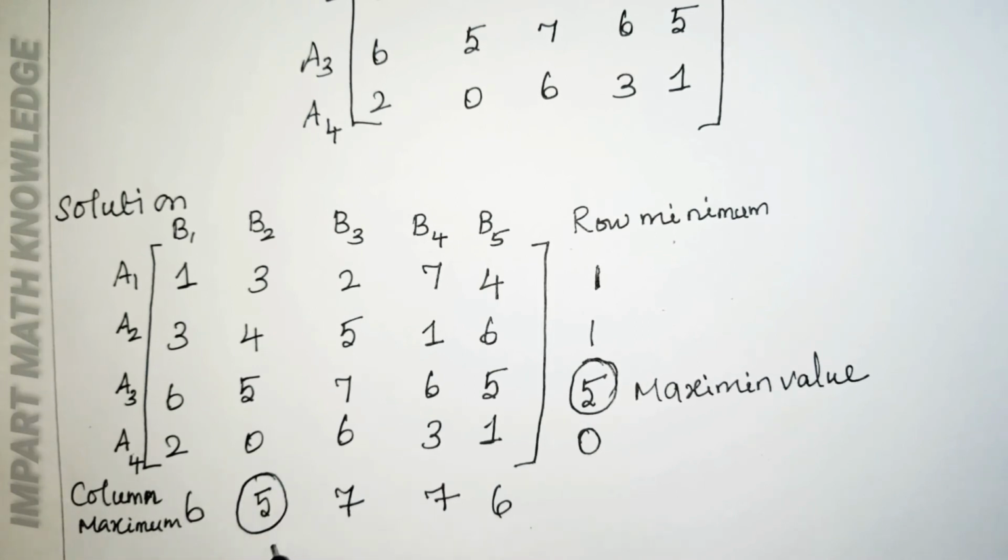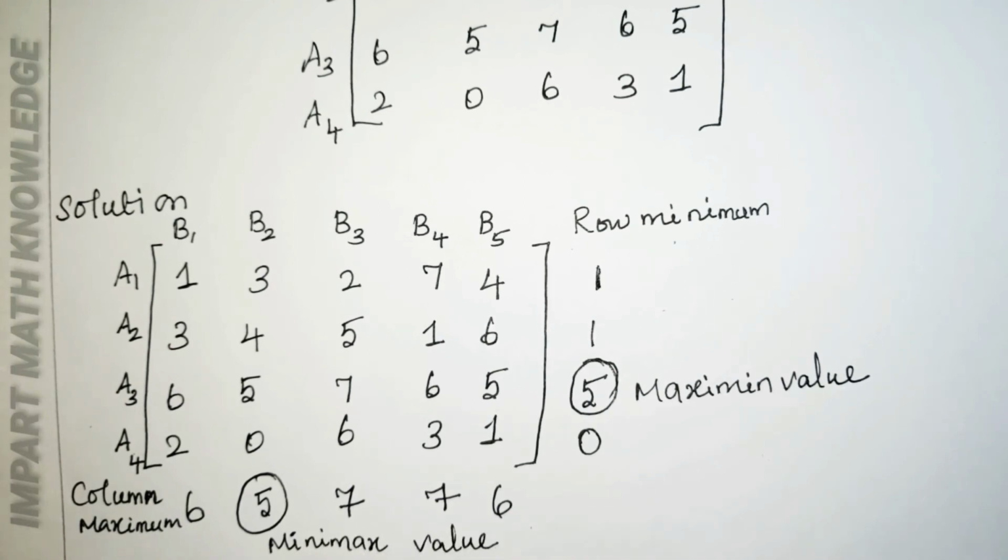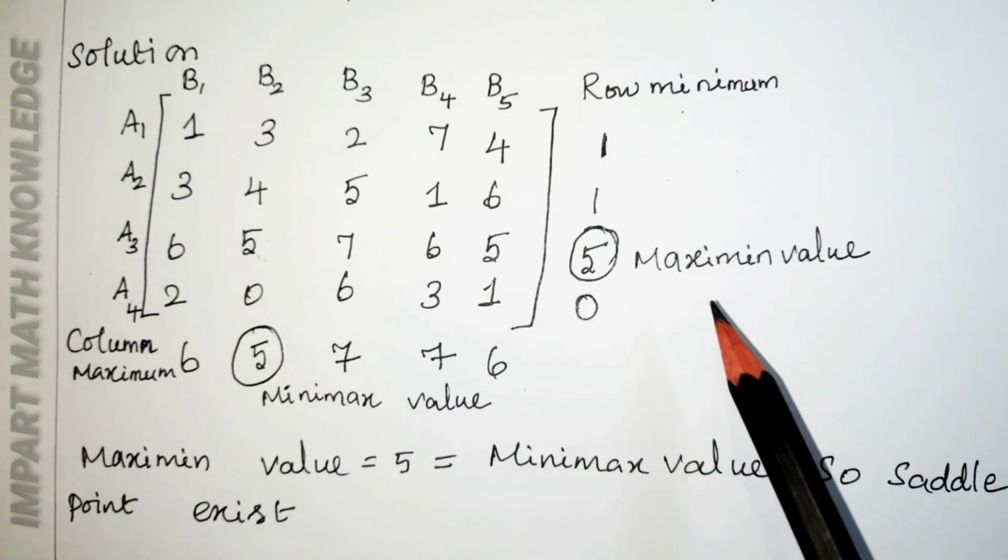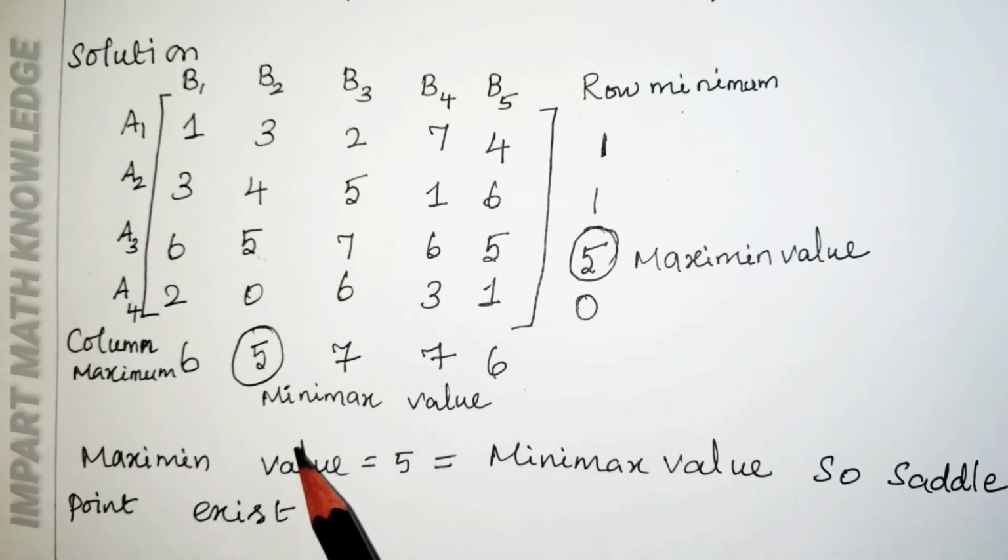This we call the minimax value. After that, you have to check whether the maximin value and minimax value are equal or not. Here, both the values are equal, so a saddle point exists. Here the maximin value and minimax value is 5.